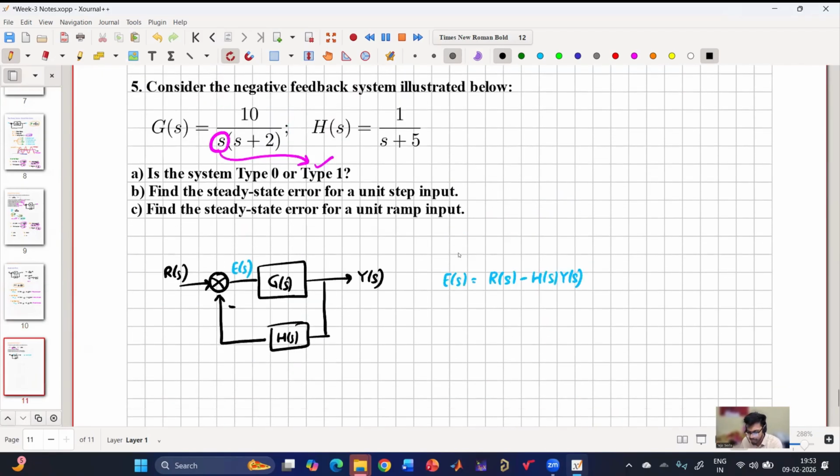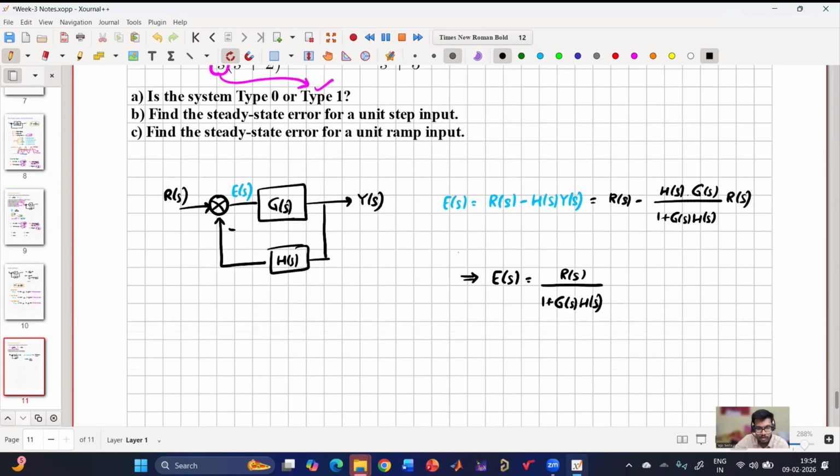Let us write R of S minus H of S into Y of S, which is R of S minus H of S into G of S by 1 plus G of S H of S into R of S. That means E of S is equal to R of S by 1 plus G of S H of S. Now for B, let us solve B first.